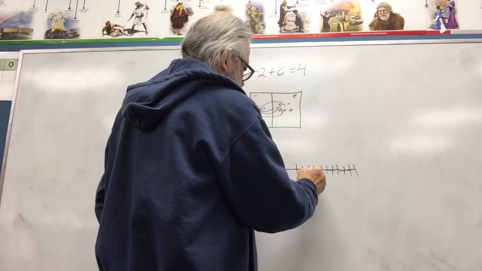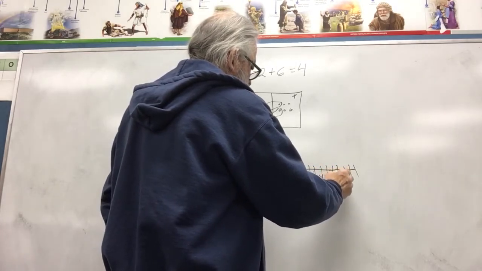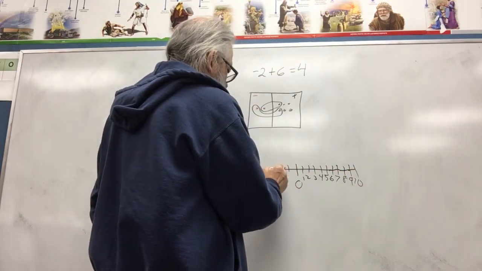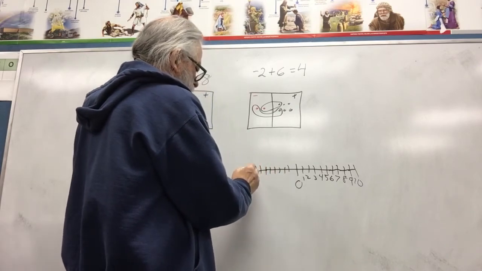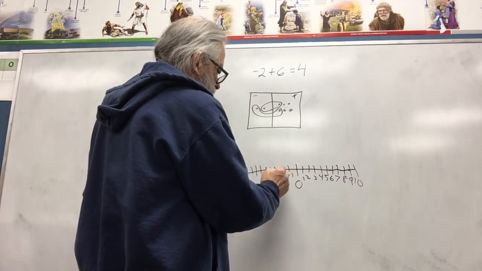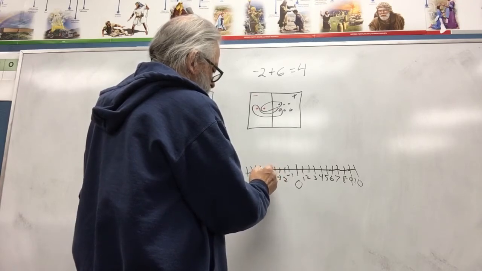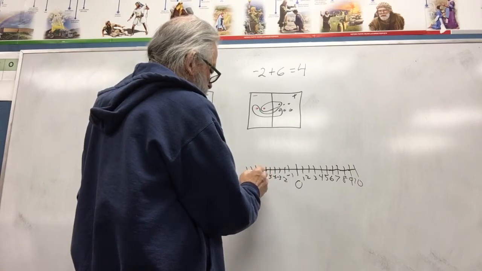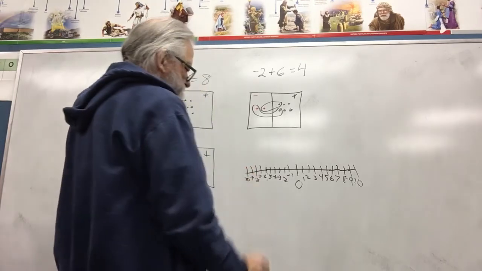Okay, so I got 1, 2, 3, 4, 5, 6, 7, 8, 9, 10. So, negative 1, negative 2, negative 3, negative 4, negative 5. Lovely. Negative 6, negative 7, negative 8, negative 9, negative 10.